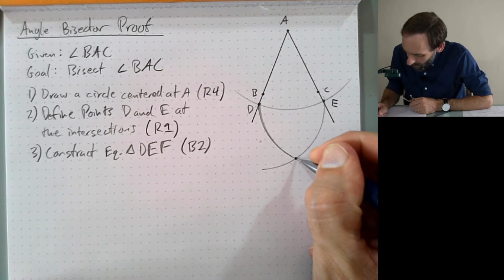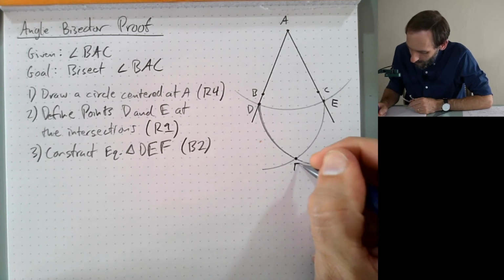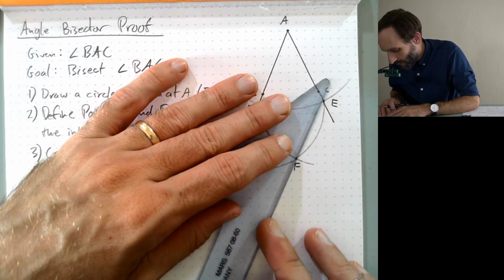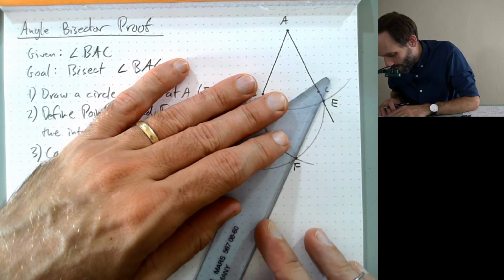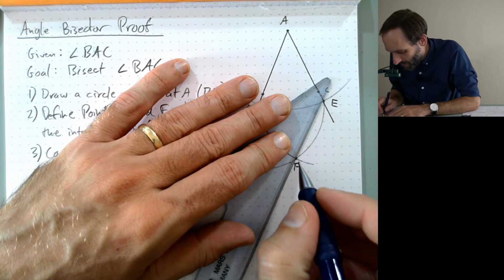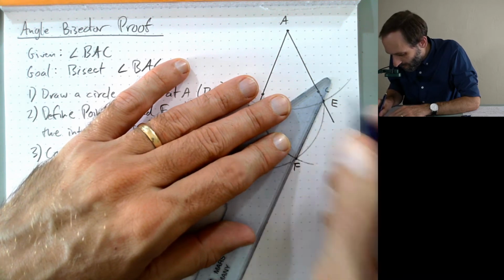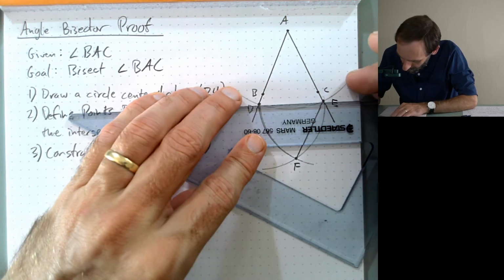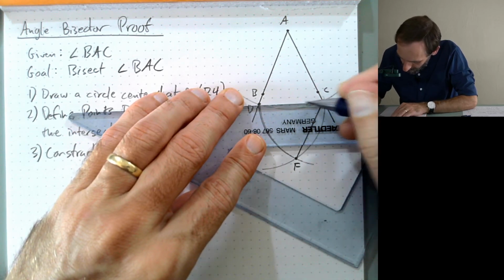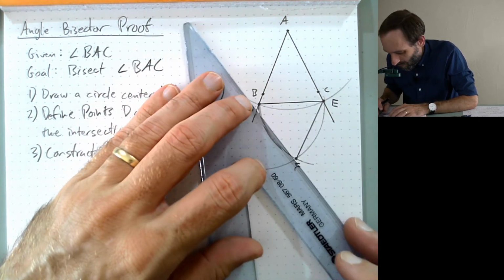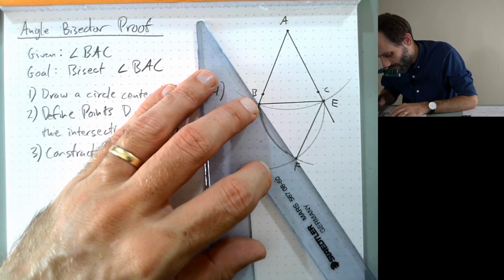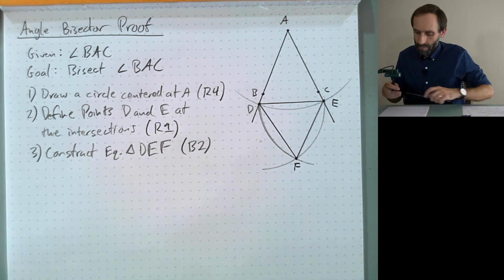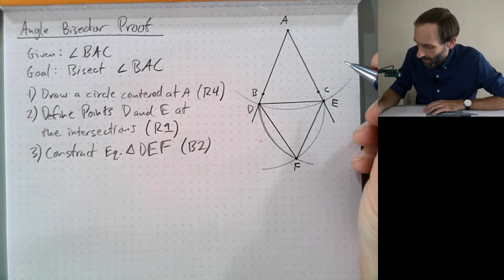So now this is going to be point F. And let's go ahead and draw in this equilateral triangle. Okay, so that was step 3.